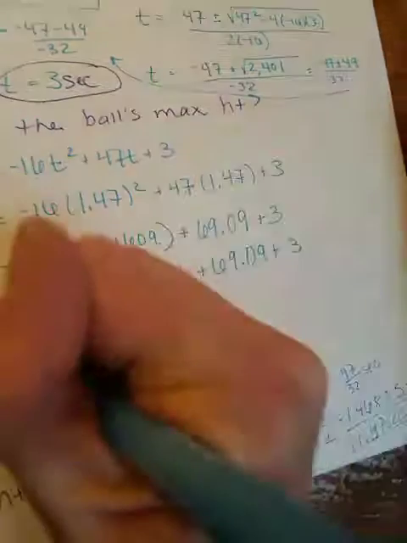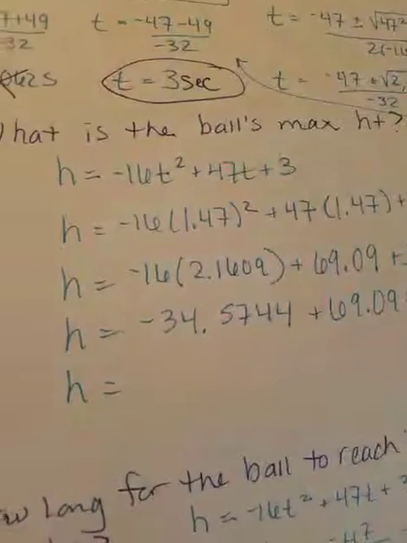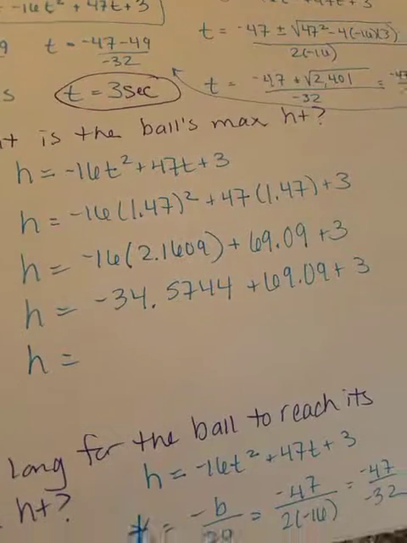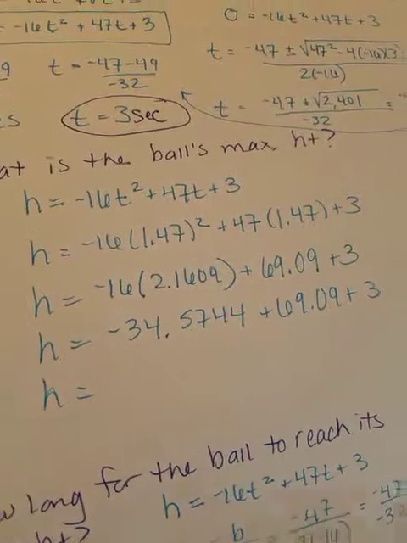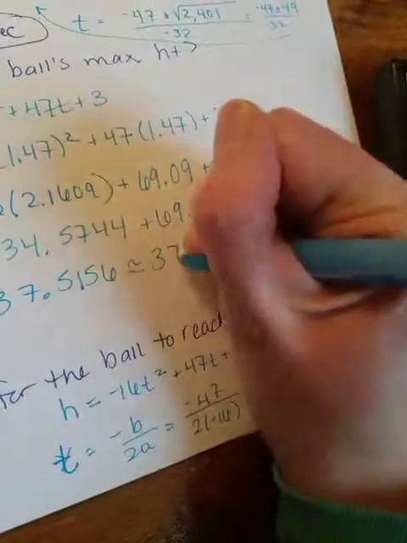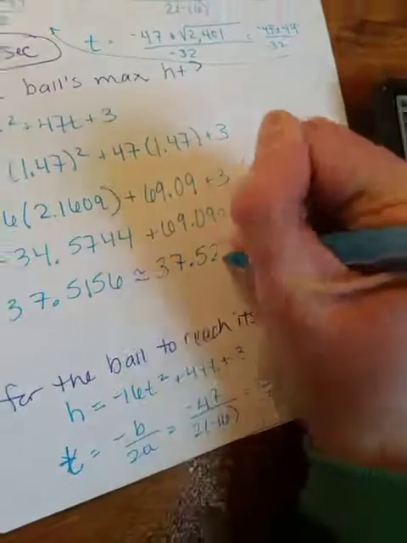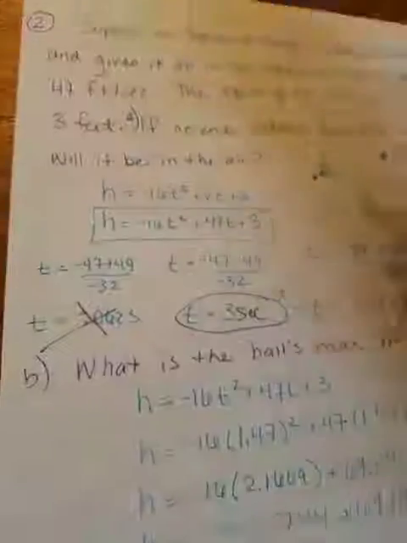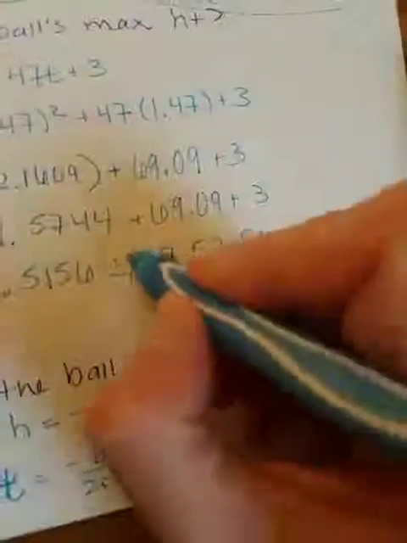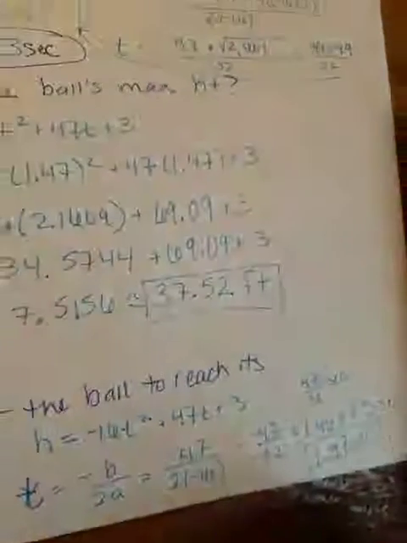That's really showing a lot of steps that isn't necessary, but I know some people like to see it all out. So now I'm just going to add all these together. And you should get as your final answer 37.5156. I'm going to say that's approximately equal to 37.52. What's my unit? Feet. I know it's feet because that is the unit in the problem.